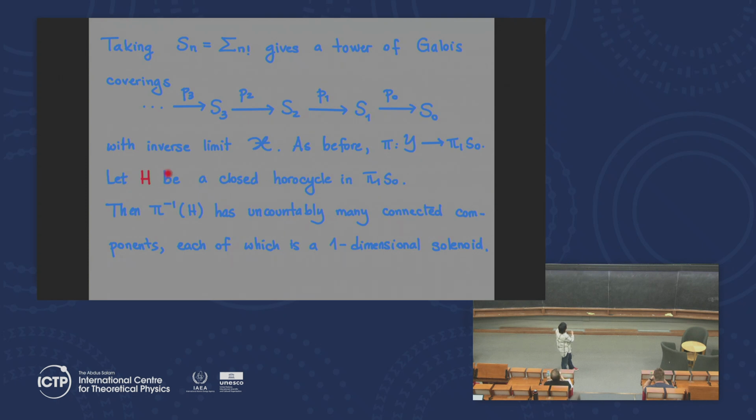So if I take a closed horocycle turning once around the cusp of the modular surface, what do I see above it? The answer is, I see uncountably many connected components, each of which is a one-dimensional solenoid. What I see above the closed horocycle in the modular surface is a disjoint union of uncountably many minimal sets for the horocycle flow, each of which is a one-dimensional solenoid.